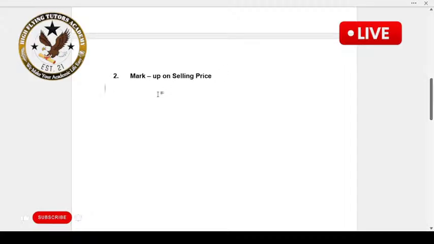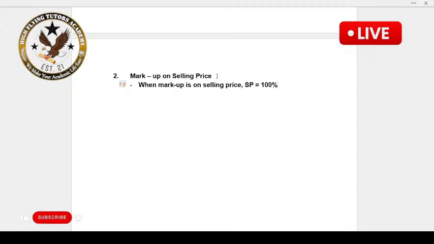Okay, so markup on selling price, I mean to say, when markup is on selling price, selling price is equal to 100% this time.